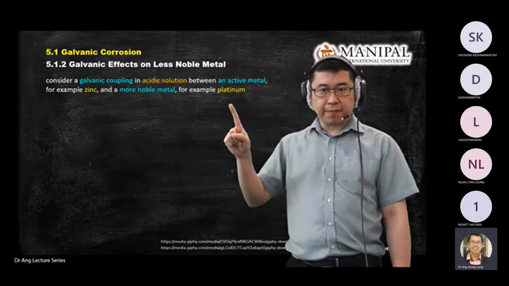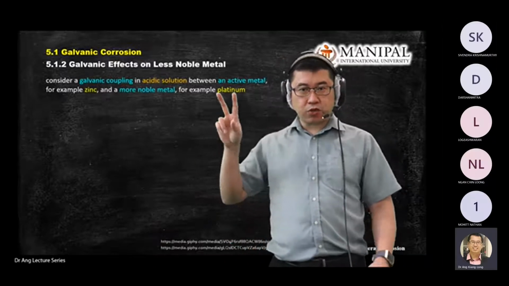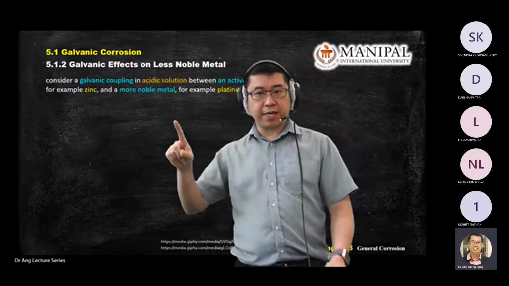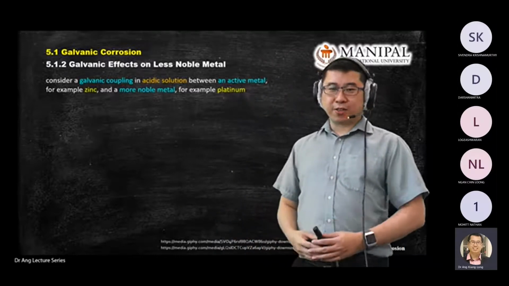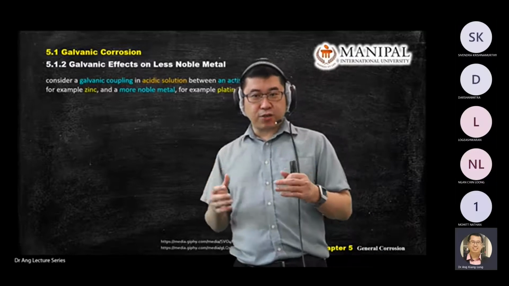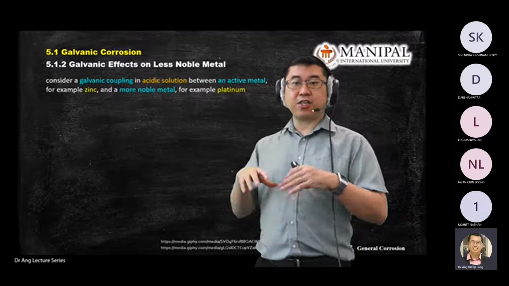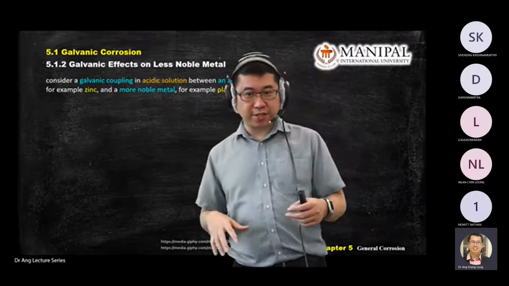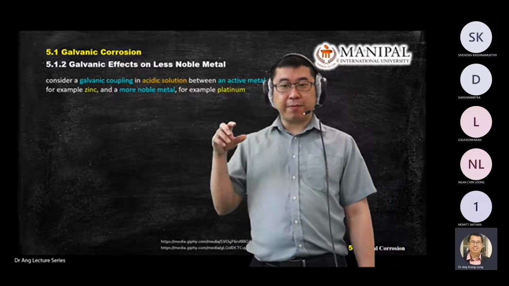Both these two metals you dip inside an acidic solution. Why acidic solution? Because inside acid, you know there are lots of electrical charges, right? So you learned about pH.